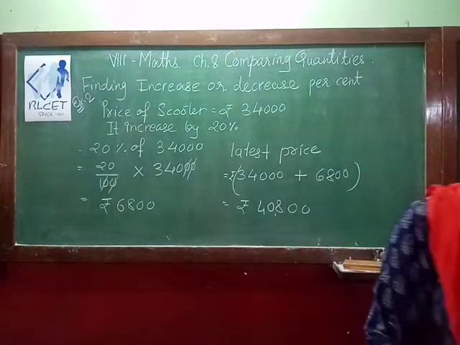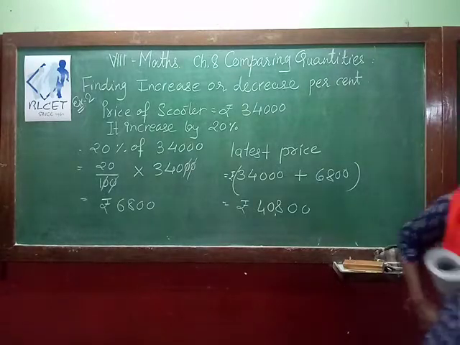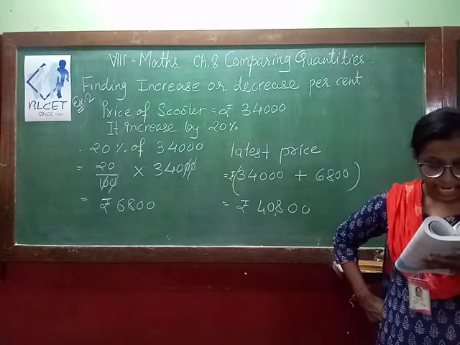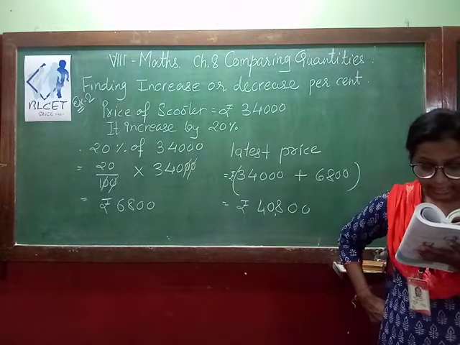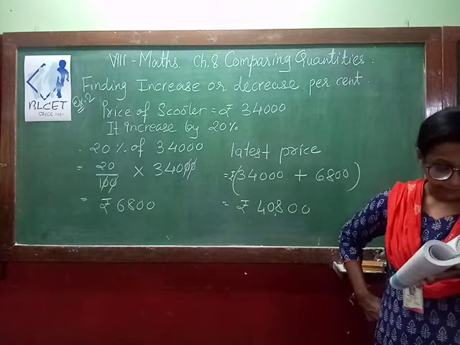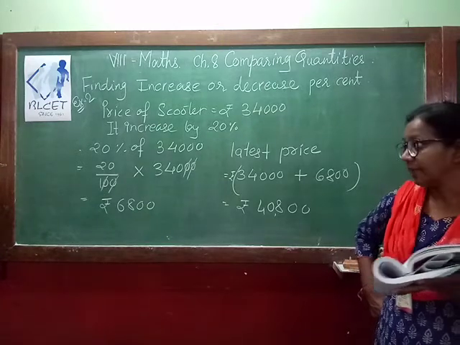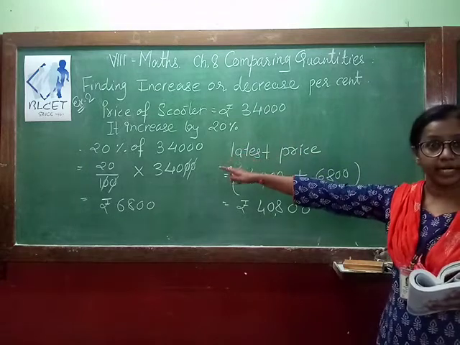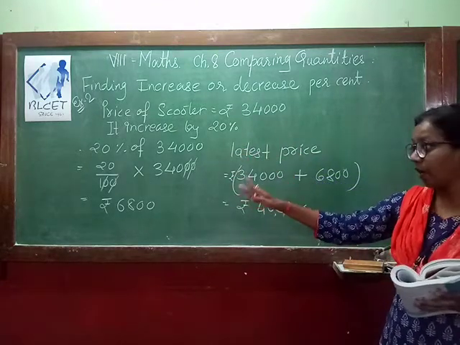Suppose you are given the next. Similarly, a percentage decrease in price would imply finding the actual decrease followed by subtracting it from the original price. Suppose this 20%, in place of an increase rate, is written as a decrease rate. So what we have to do?